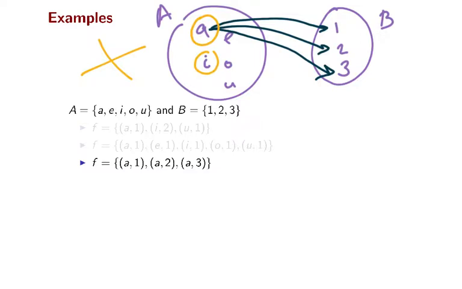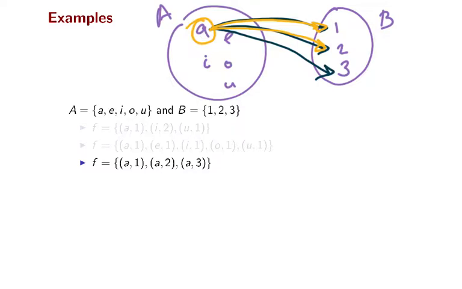And what about the second property? For the second property, we have to check that for each element, they relate to a unique output here. So that is not true in this case. A relates to 1, but it also relates to 2. So it is related to 2 different things. And of course to 3, even worse, right?